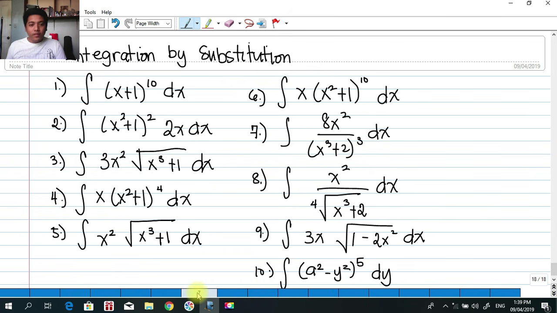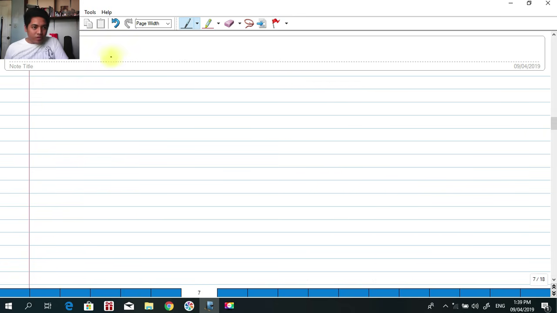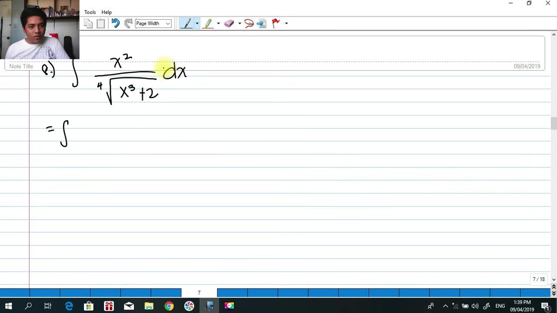So number 8 is x squared over the fourth root of x cubed plus 2. So for number 8, we have the integral of x squared over the fourth root of x cubed plus 2 dx. Okay, so if you get the integral of that, again, we shall be using our concept.